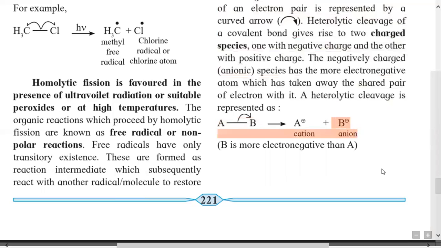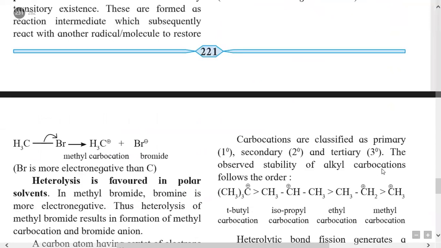So B minus ion, called an anion, is formed and A possesses a positive charge. This is called a cation. So remember again well that out of these A and B atoms, towards whichever is more electronegative, both shared electron pairs get attracted, and that forms the negative ion called an anion.